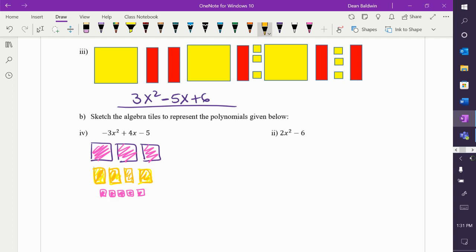All right. 2x squared minus 6. How many big squares do I have? 2 of them. And then negative 6, so that means 6 little negative squares, like that.